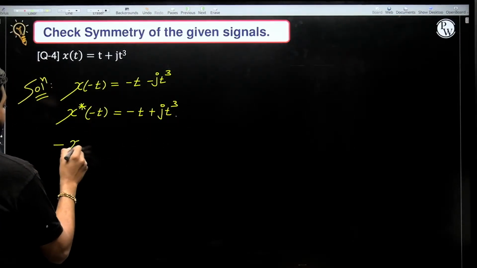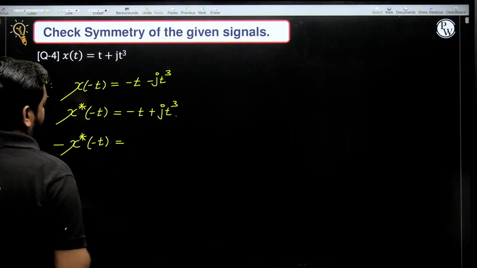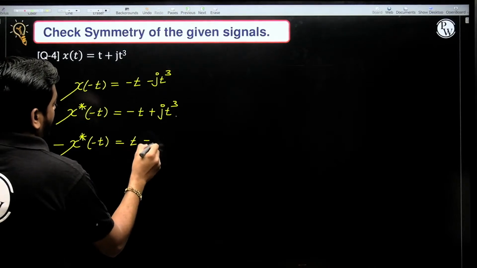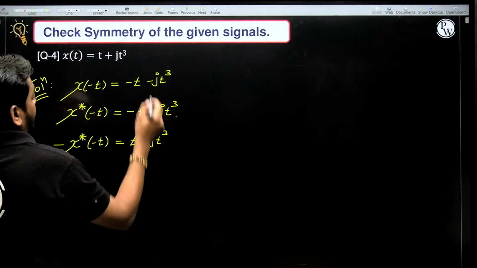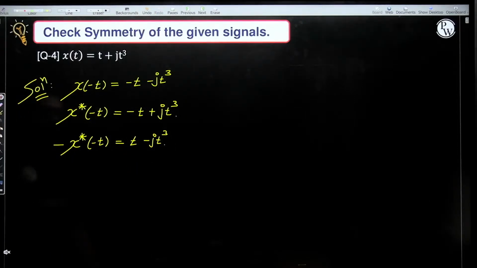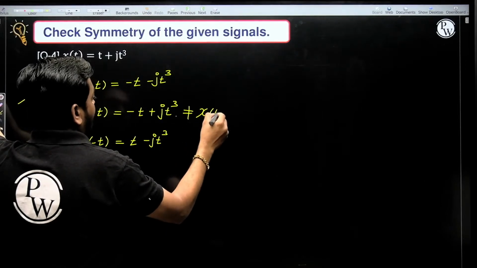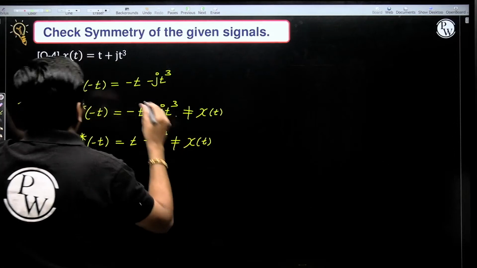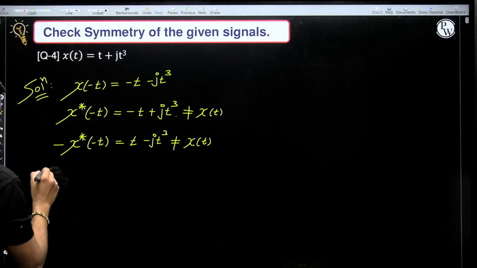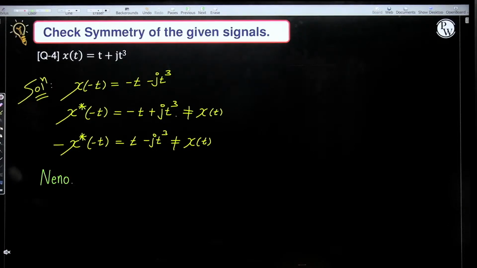Then amplitude reversal: t minus t cube. So here you can see this is also not equal to x of t, and this is also not equal to x of t. So again, this is neither conjugate even nor conjugate odd, neither signal.